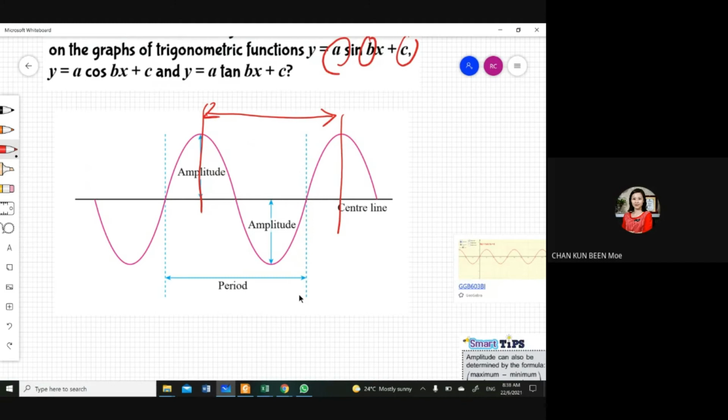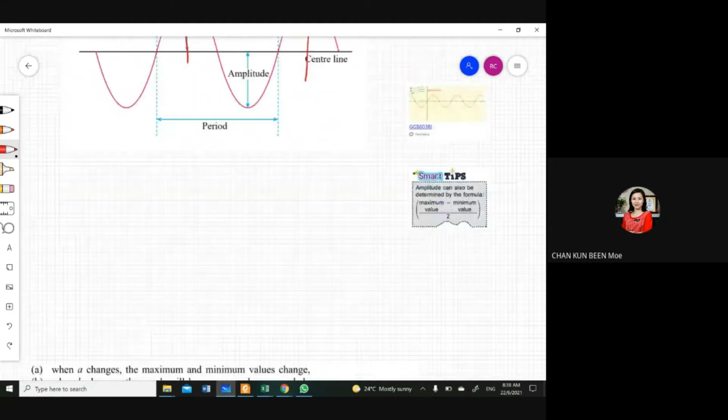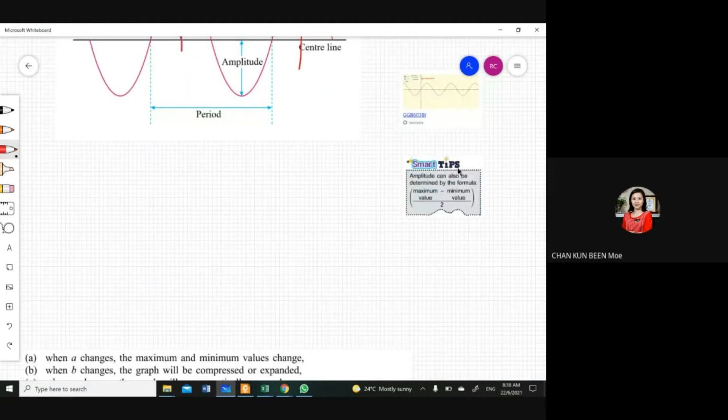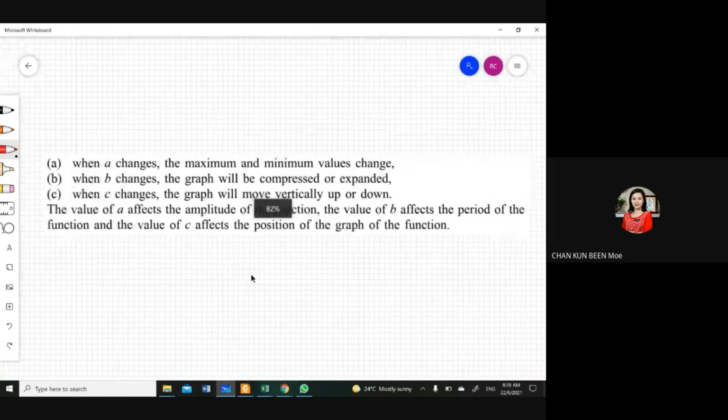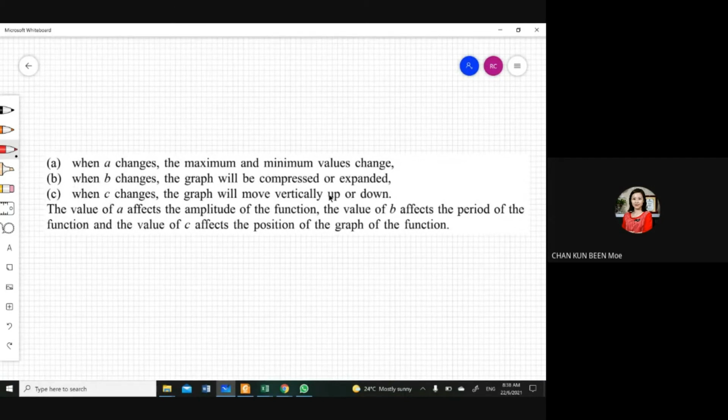Okay, this is the theoretical part. From what we see of the graph just now, when A changes, the maximum and minimum value change. And then when B changes, the graph will be compressed or expanded. So you can see the words compressed or expanded. When it is compressed, the number of periods increases.